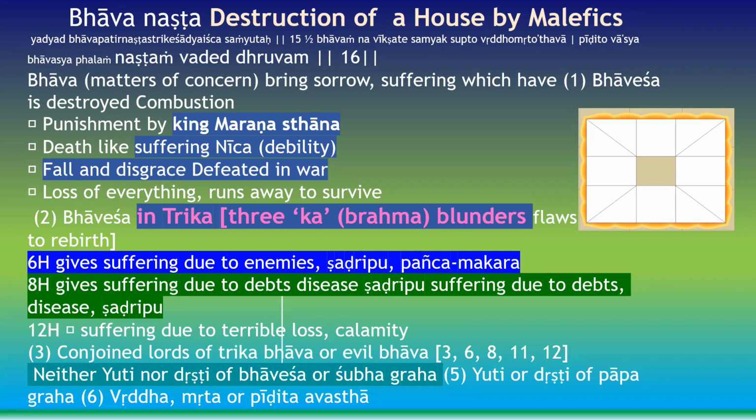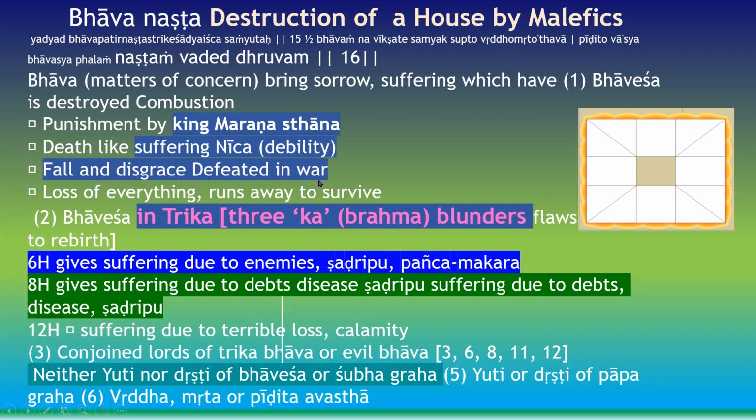You have to give that planet which is in a dying position in Maranasthana its due and pay the rin, pay off the karmic debt that you owe, by suffering and going through a bit of sorrow.